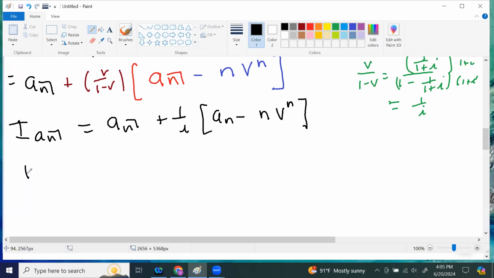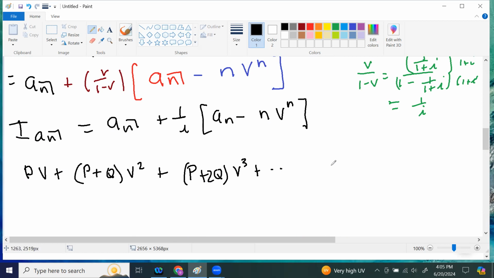Suppose we wanted to deal with P times v plus, let's say now, (P plus Q) times v squared plus (P plus 2Q) times v cubed, all the way out to (P plus (n minus 1)Q) v^n.